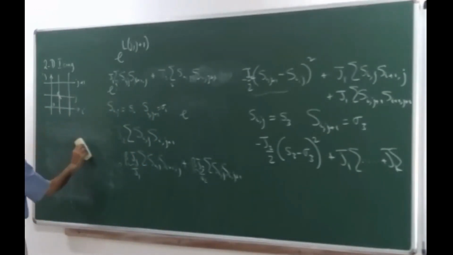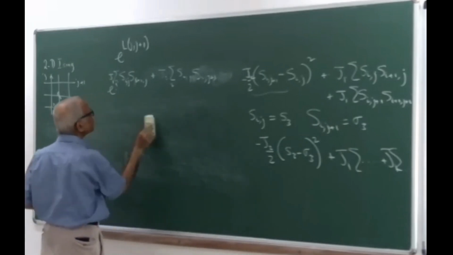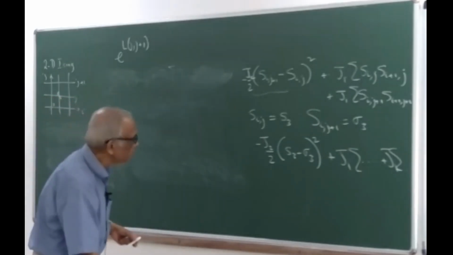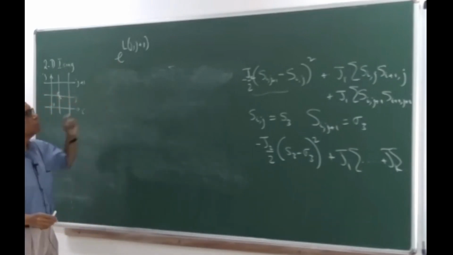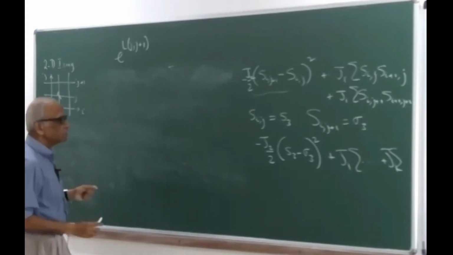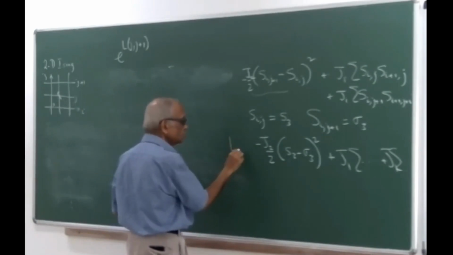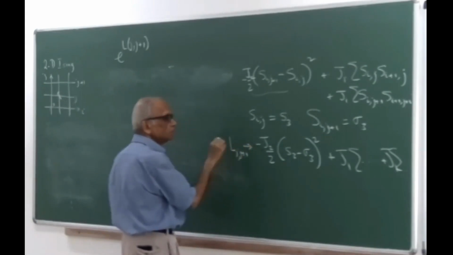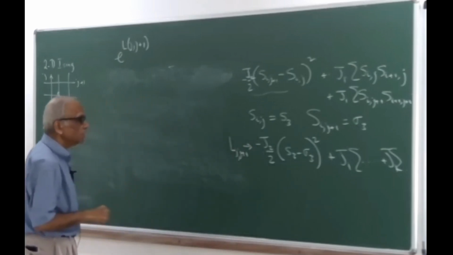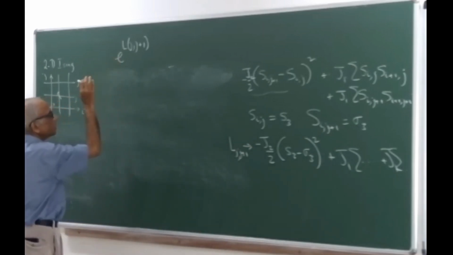So going from j to j plus 1, I have this e to the power L j to j plus 1 describing it, and this L is given by this expression. That is my L j to j plus 1, and you have e to the power this quantity.